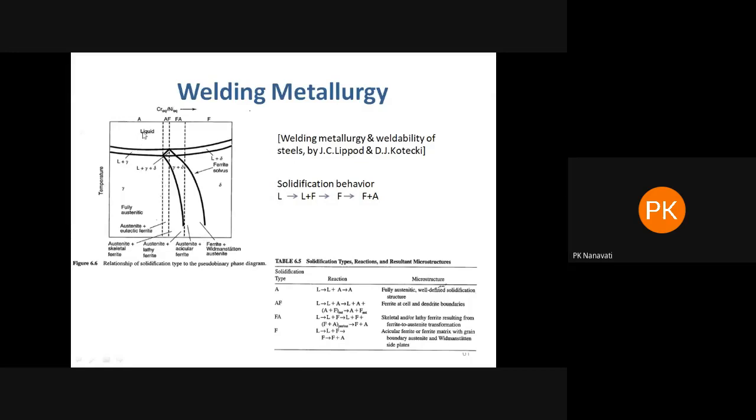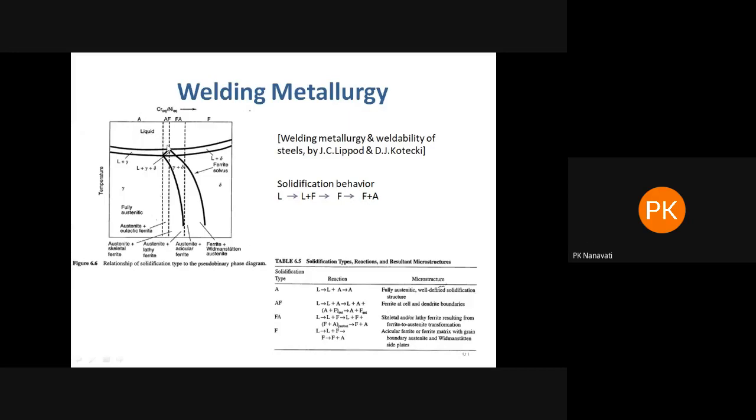When your composition is cooling through liquid and passes through the two-phase region, liquid plus austenite, it solidifies as a fully austenitic structure. That is shown with the reaction over here. It is a fully austenitic structure. The composition is such that you have a balanced nickel and more chromium, but medium nickel.